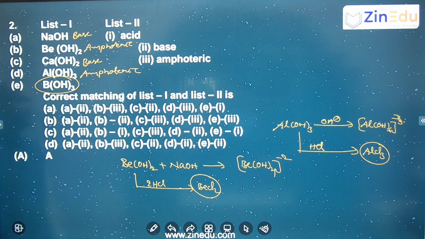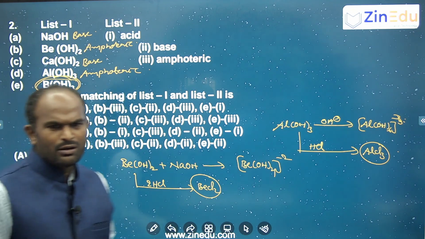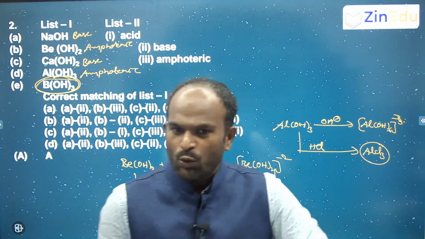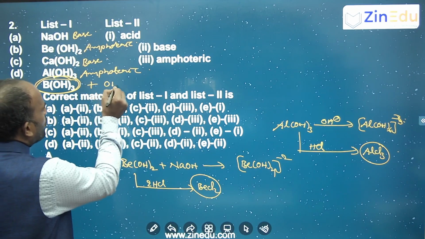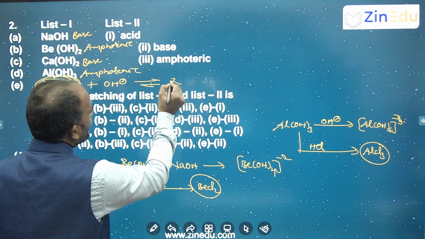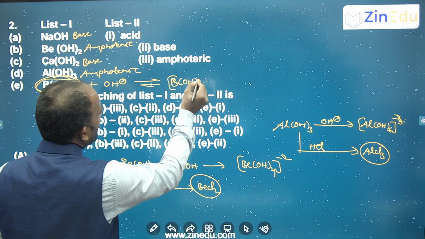Boric acid is not a regular or orthodox kind of acid. This is an acid which has the tendency to accept OH minus ions. So when boric acid reacts with OH minus, it is going to give us B(OH)4 minus.